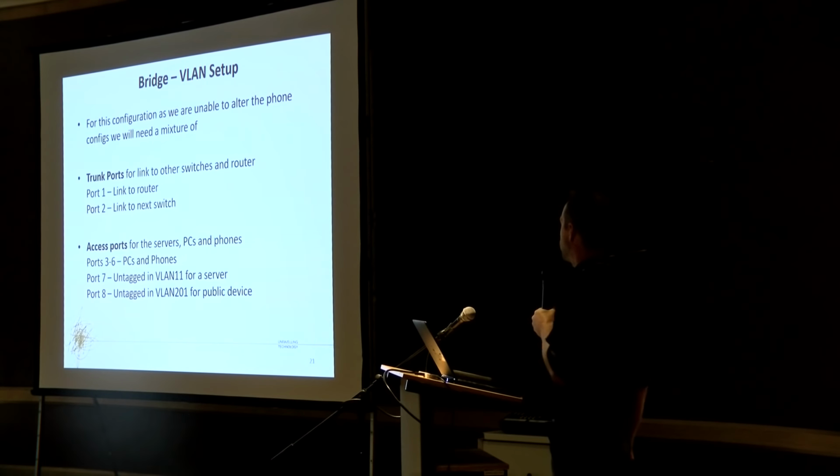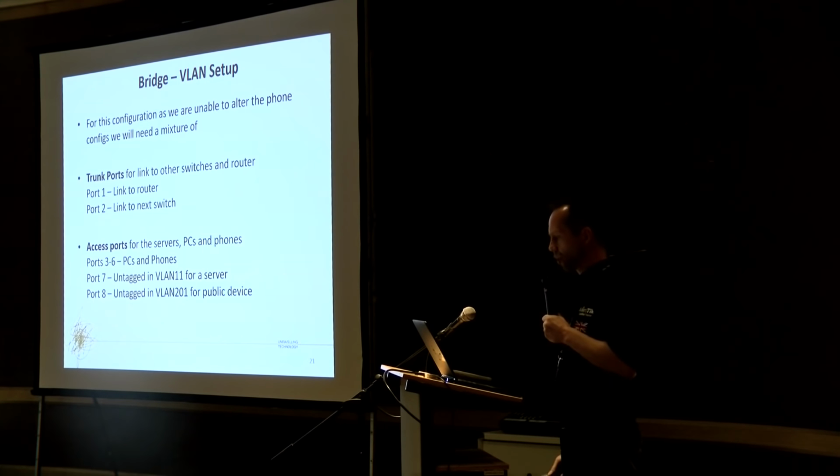And I have created some access ports for my users and servers, and I've created one in the public VLAN for a public device, probably the plasma screen in reception, showing some news channel or other information.